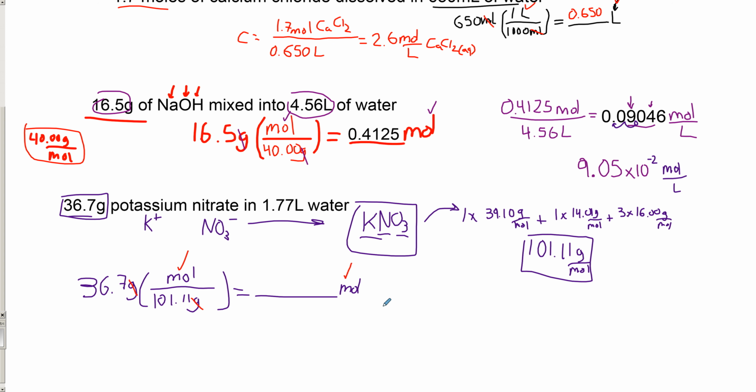We're doing great. So 36.7 grams divided by 101.11 grams gives me a long number, and yes, I'm going to write most of it here. And remember, I'm not going to round this because I am not done the question. Only round when you're done. So now we have a moles value and a liters value from before. We take the moles value and divide by the liters value.